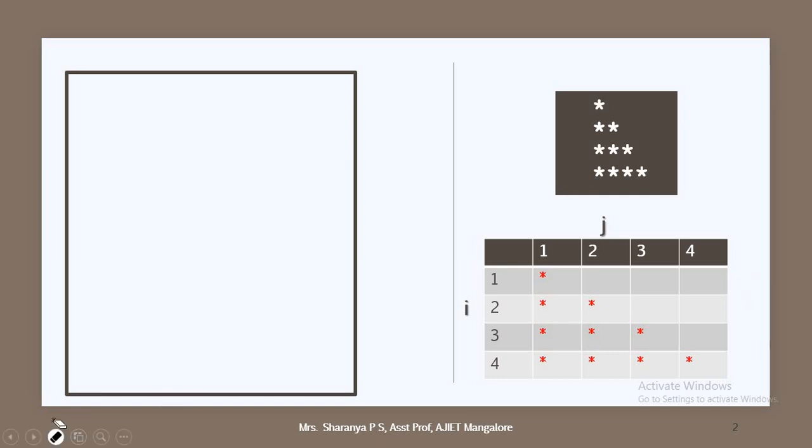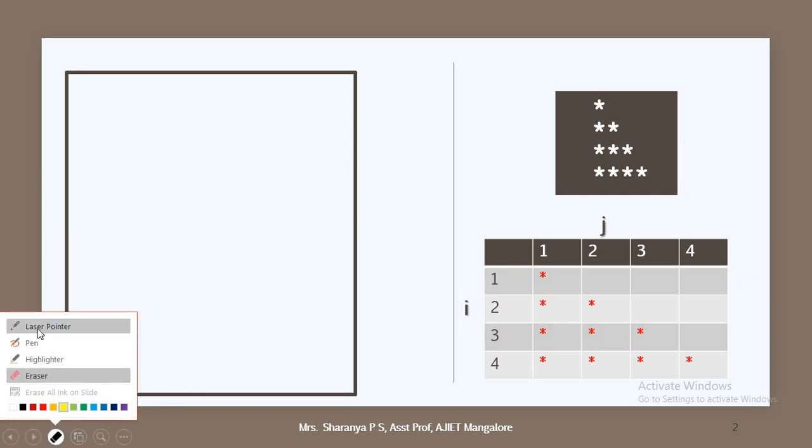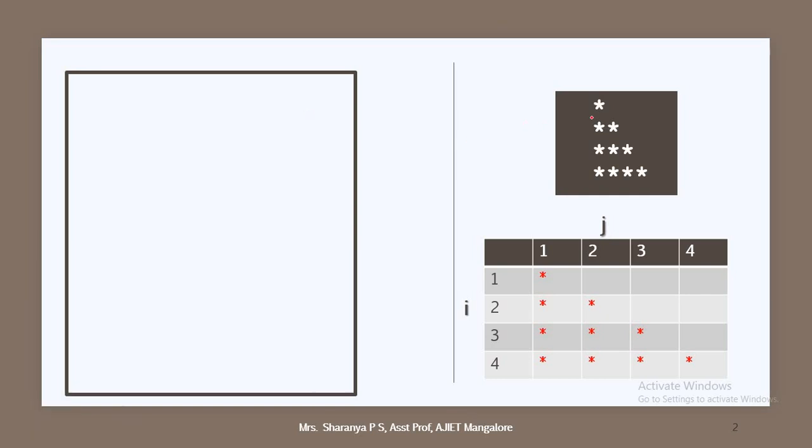So we have to run 2 different for loops. The first for loop is used to print the number of rows, and the second for loop is used for displaying the content, which can also be referred to as the columns.